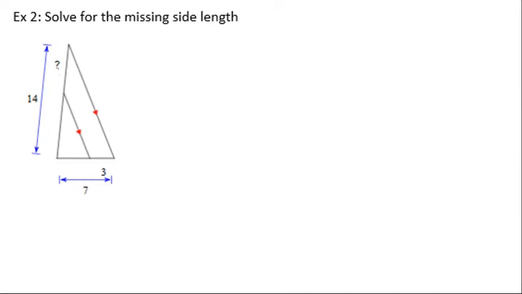So here, the question mark is on this segment right here. So I'm going to call that X for a missing part. Okay, so another way you could look at it here is, this part of the side and this part sort of correspond to each other.